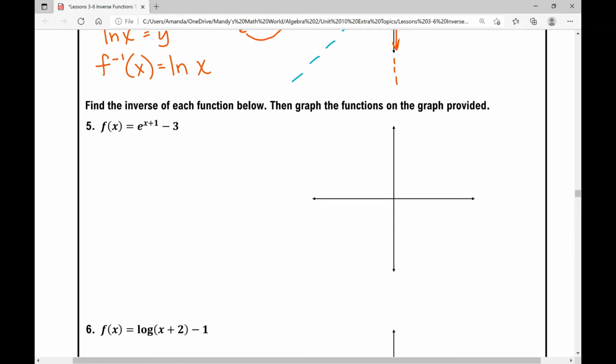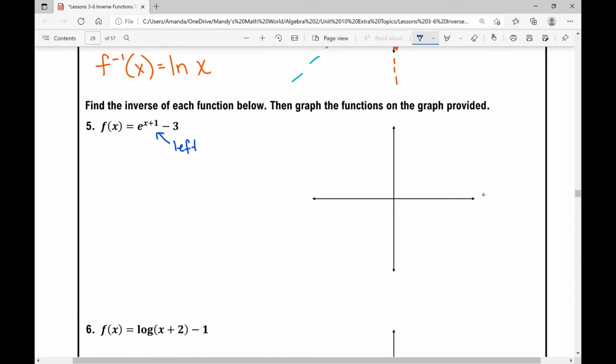We know it has a horizontal asymptote that's y equals 0. In this case, the transformations applied are left 1, and right here we're moving down 3. So if I'm going to graph this function on the coordinate plane, I know that my horizontal asymptote is going to move down 3 units. So that's y equals -3.